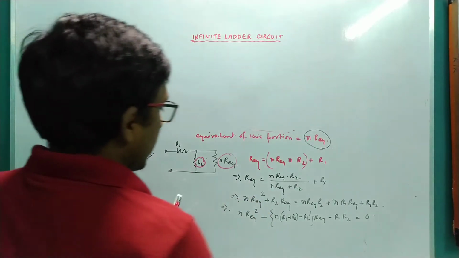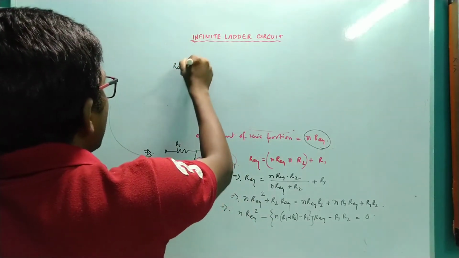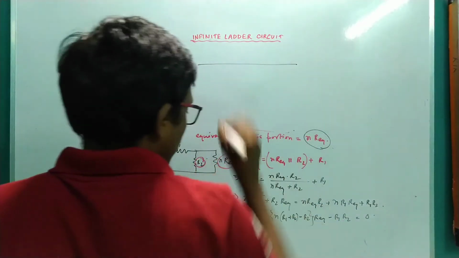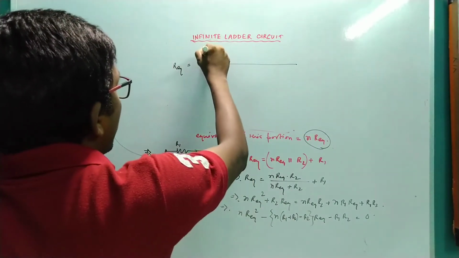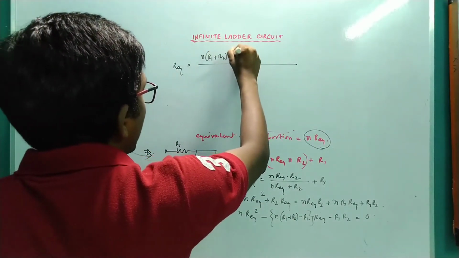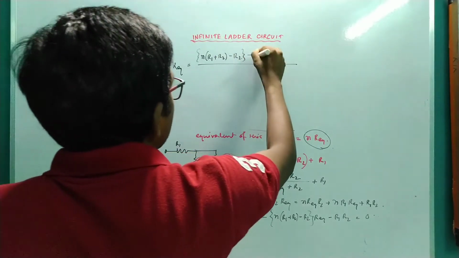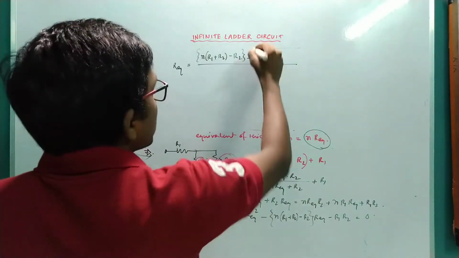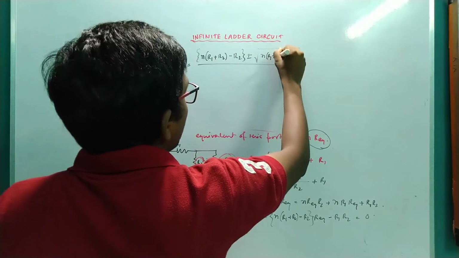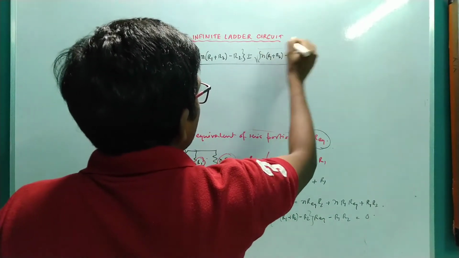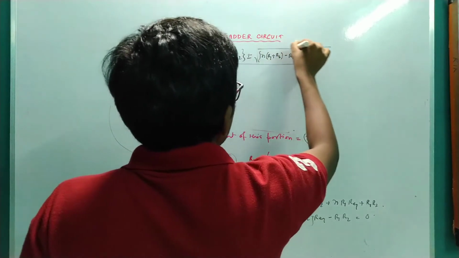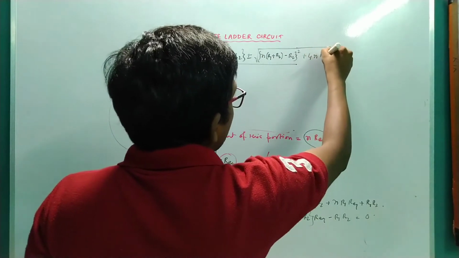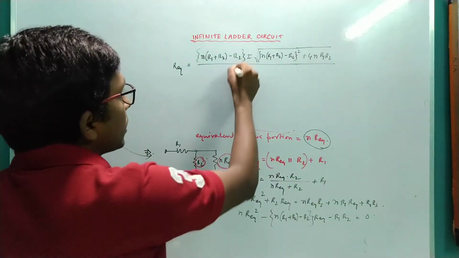I can write the quadratic form as A X square plus B X plus C. So minus B becomes plus, and we get N R1 plus R2 minus R2, plus minus the root over B square plus 4 N R1 R2, divided by 2A, that is 2N.